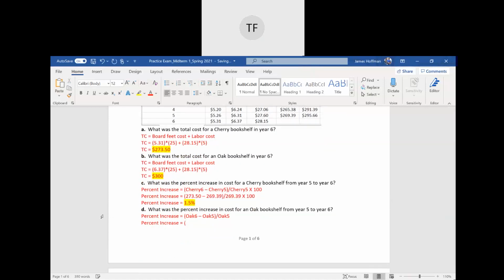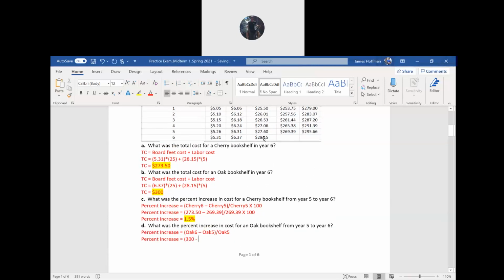Thank you. Okay, and so oak in year 6 was, we calculated that, that's 300 from right here. And in year 5, the cost in the chart is 295.66.